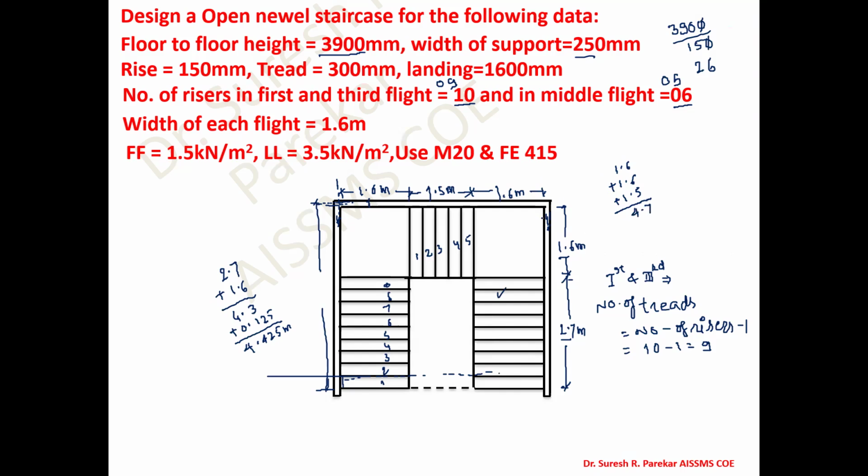And then we have half beam from this side and half beam from this side, so total 0.25. So it comes to 4.95. So for the first and third flight it will be 4.425, and for the middle flight it will be 4.95 meters.